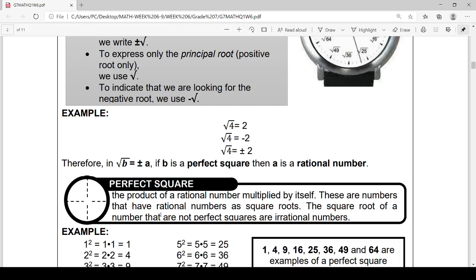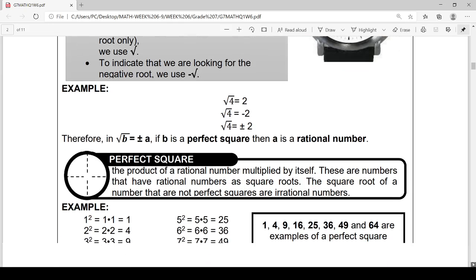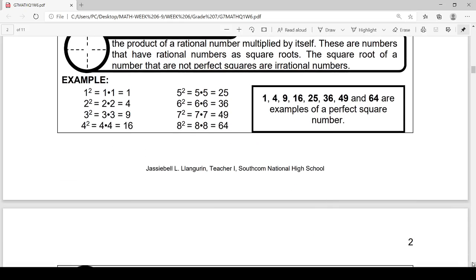These are numbers that have rational numbers as square roots. The square root of a number that is not a perfect square is an irrational number.